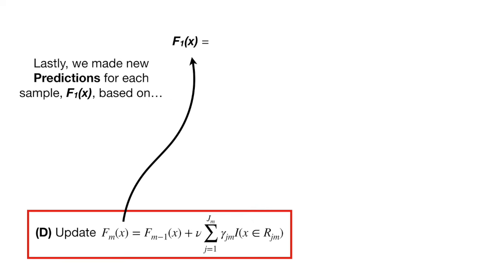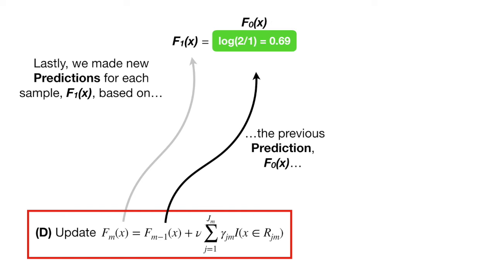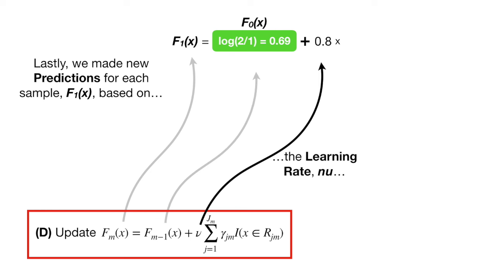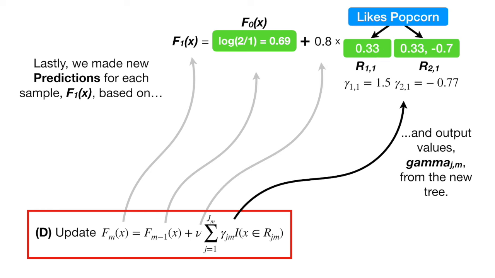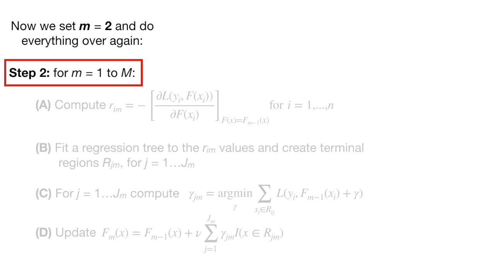Lastly, we made new predictions for each sample, f sub 1 of x, based on the previous prediction, f sub 0 of x, the learning rate, nu, and the output values, gamma sub j comma m, from the new tree. Now we set little m equal to 2 and do everything over again.